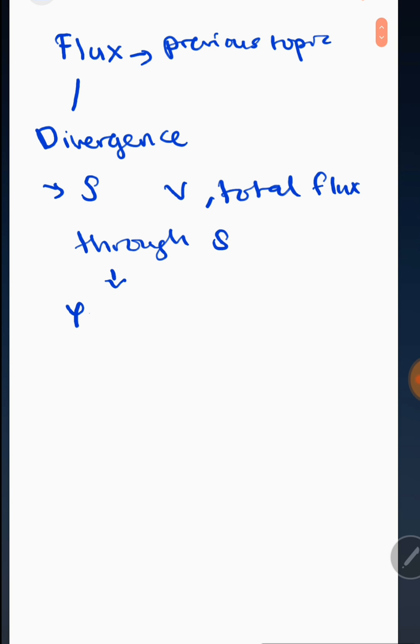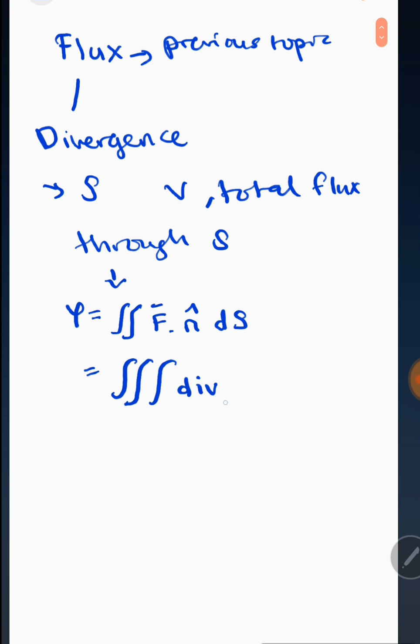If you remember your flux formula from the earlier chapter, say you have a vector field F, you perform a dot product with n cap, which is your unit normal vector, which gives you F dot n cap dS. What it's saying is that you can also express this in terms of the divergence of F dV. So this is the difference.